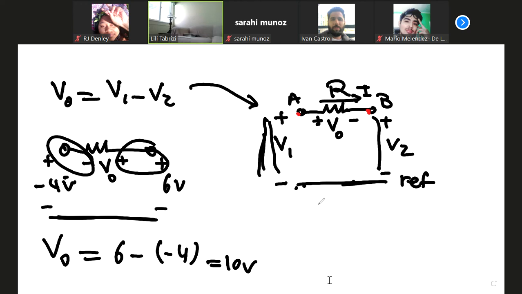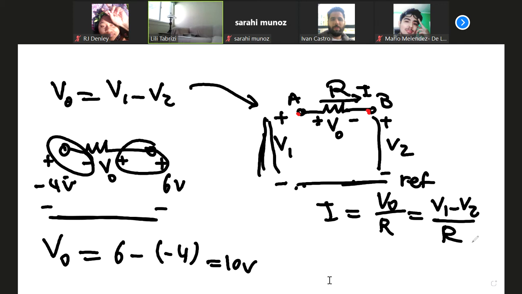So what is Ohm's law now? You assign a passive sign. What is Ohm's law here? V naught over R. Correct. But V naught is equal to what? V1 minus V2 over R, right? Yeah. Okay, good.